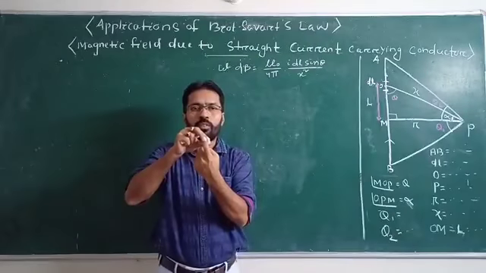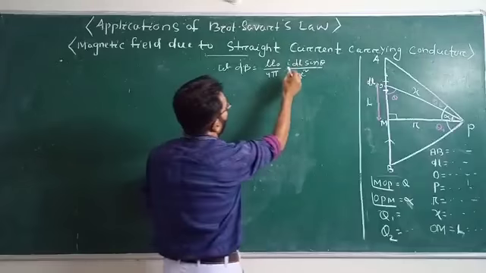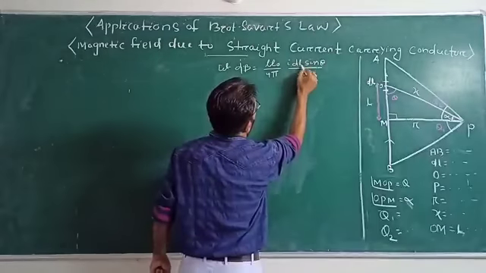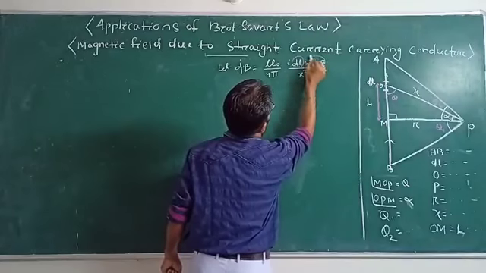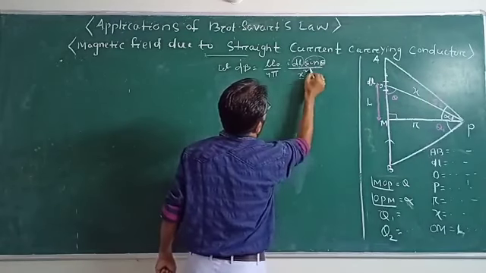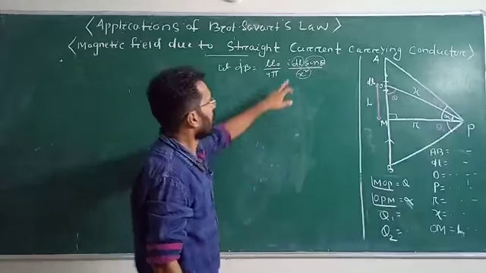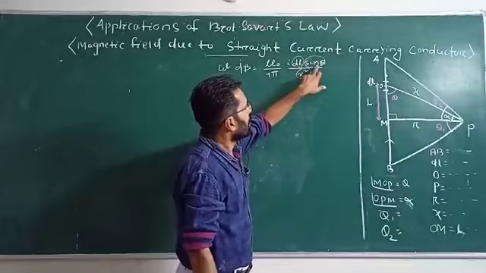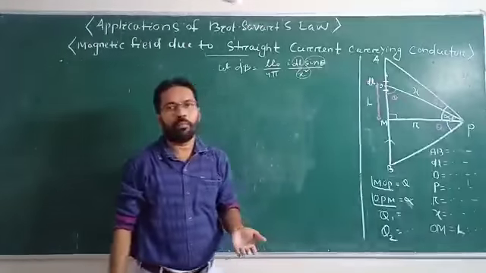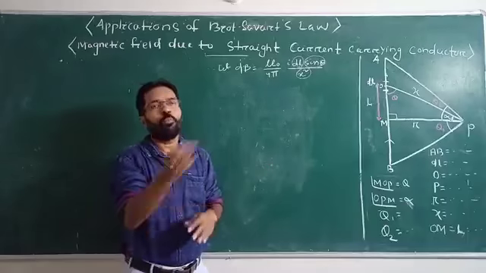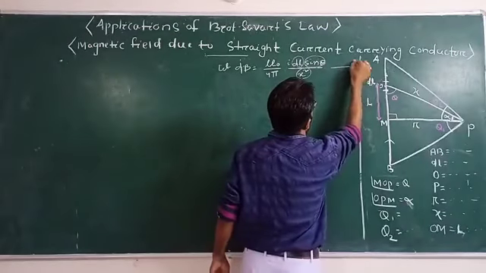Point 2, listen to me carefully: you have to find the value of dl, sin theta and x square. After finding the value of these 3 terms, you put them in equation 1. Let it be equation 1.